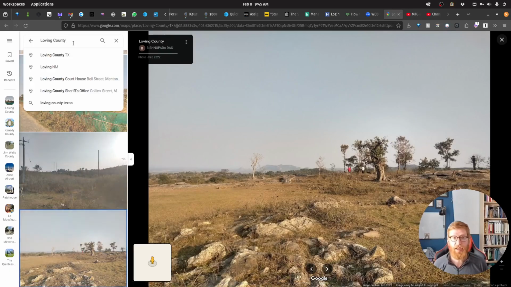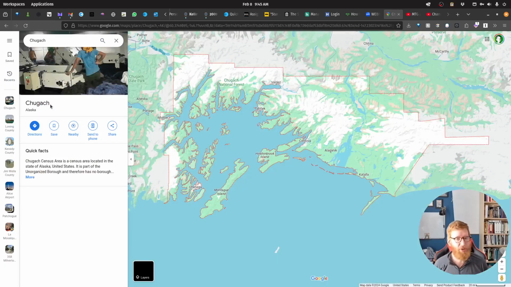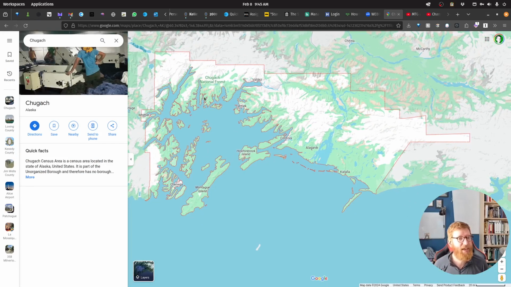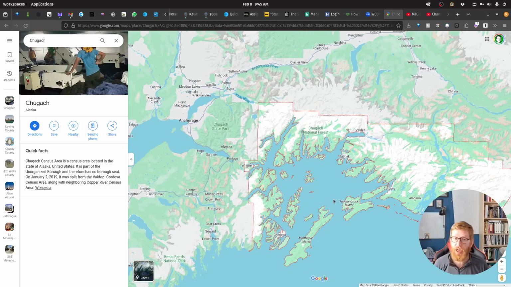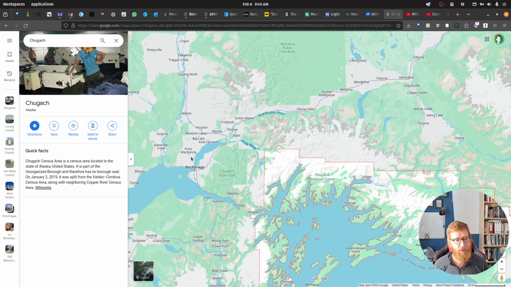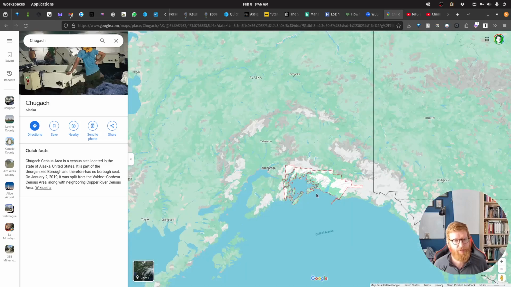I was looking at some of the counties that were showing up in the weird results, and basically there were rural counties in Texas. Chugach, we got some coast here, looks like they got some fishing industry, census area located, blah, blah, has no borough seat. It was split from the Valdez-Cordova census area, which was one of the things that showed up in the other one. Okay, in the neighborhood of Anchorage.